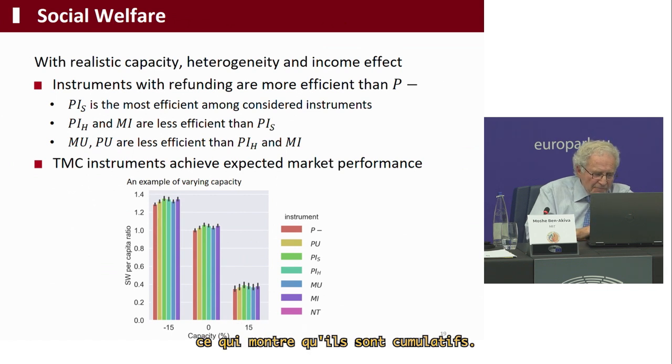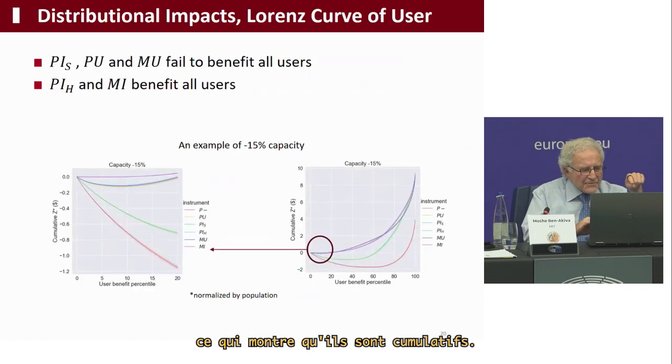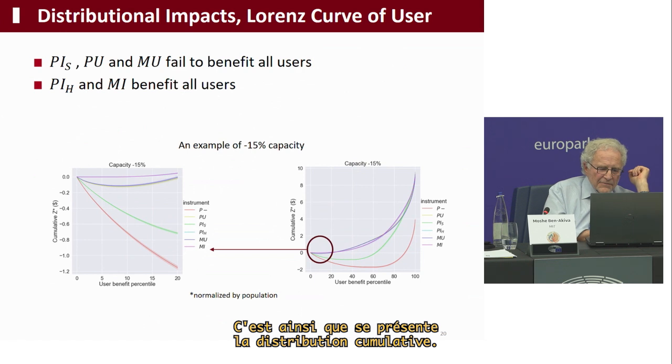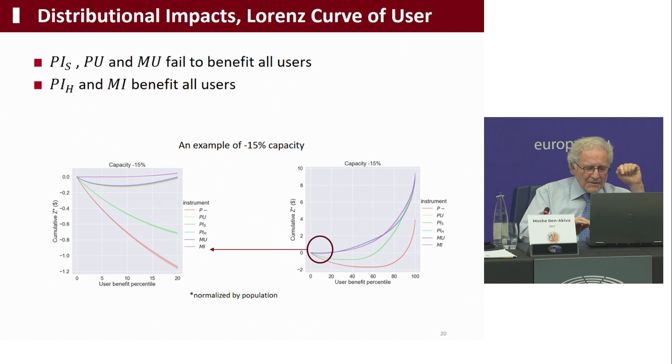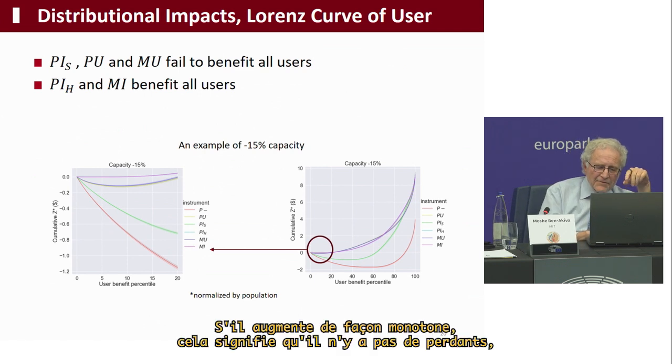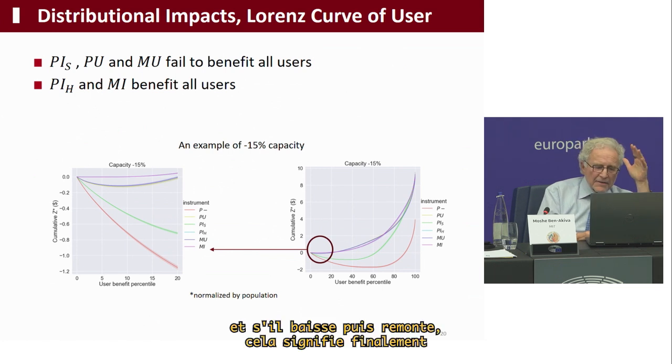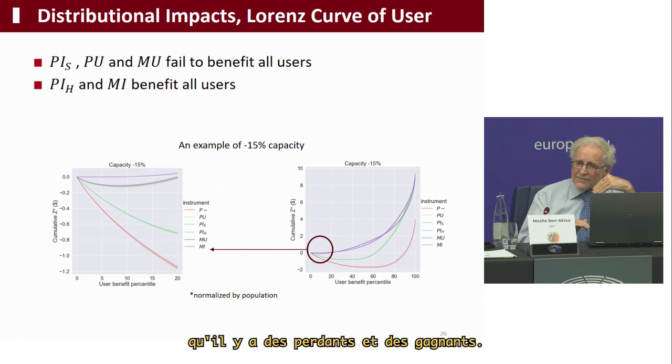And this shows the cumulative distribution. This is like the CDF of the social surplus at the level of the individual. So if it is monotonically increasing, it means that there are no losers. And if it goes down and then goes up, then it means that there are some losers and then there are winners.